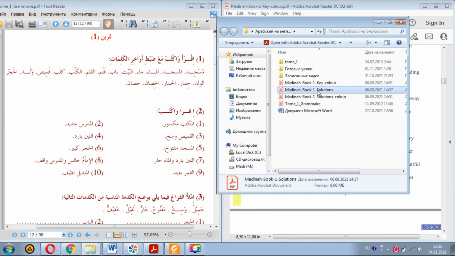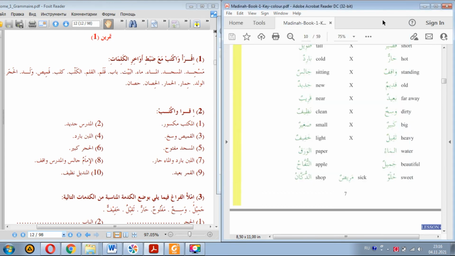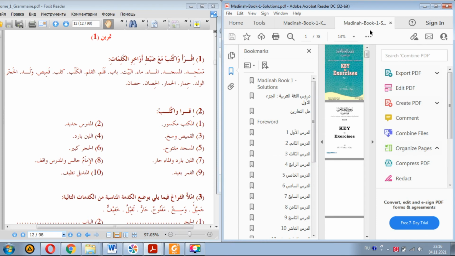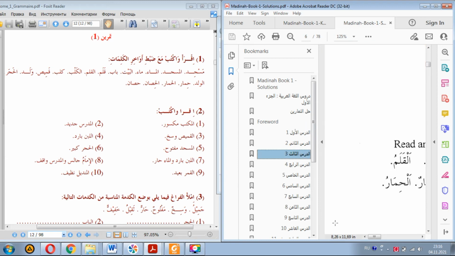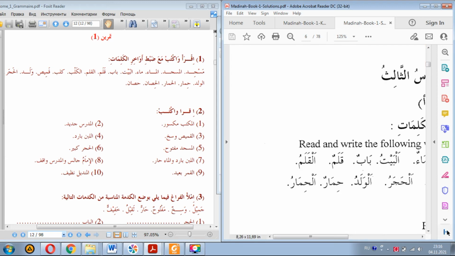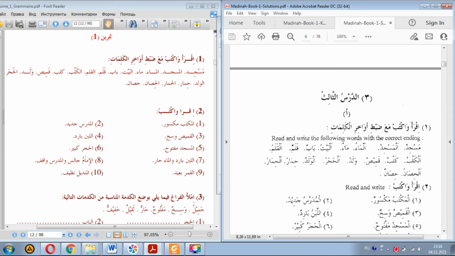I can show it to you actually. Here it is, like الدرس الثالث. So you see masjidun, masjidun. All the harakat are placed in this book. So use this book. Inshallah, it will make easier for you your studying.